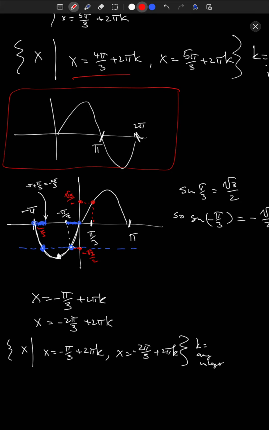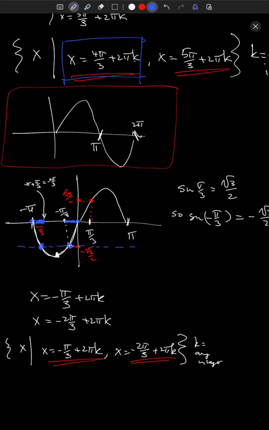Our solutions look different, but they're actually the same. If I look at the first way I did it up here, and I look at k equals minus 1, that corresponds to 4 pi over 3 minus 2 pi, which is 4 pi over 3 minus 6 pi over 3, which is minus 2 pi over 3. That one corresponds exactly to this one right here with k equals 0.